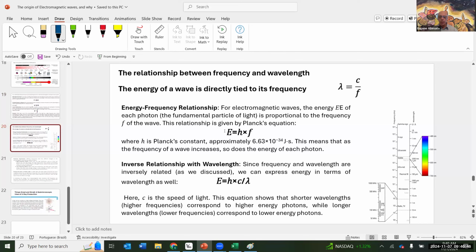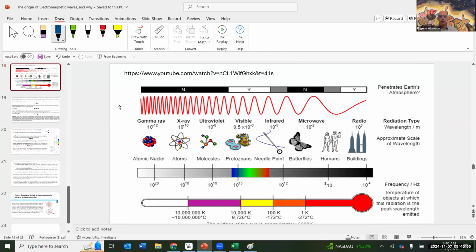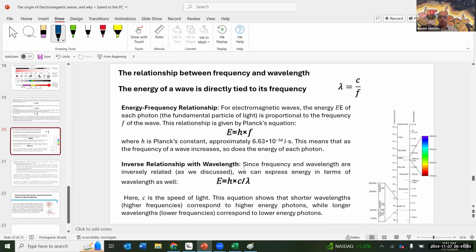Now, energy is proportional to the frequency. The higher the frequency, the more energy, and that explains why gamma rays have higher frequency and higher energy. And it's inversely proportional to the wavelength.